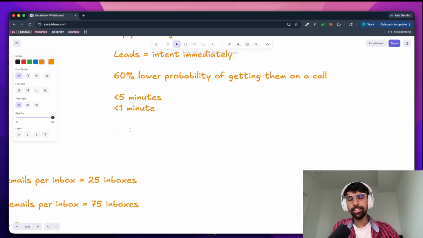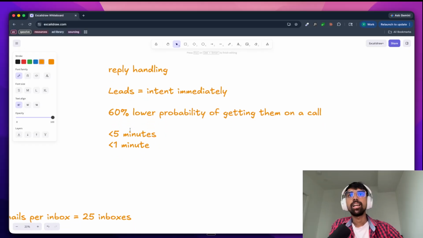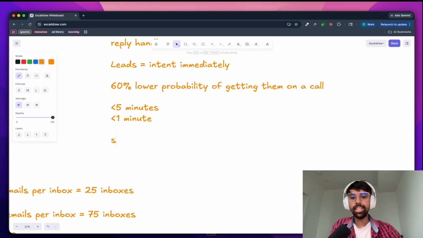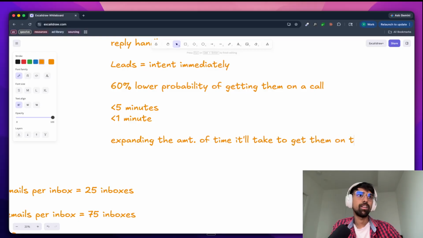So if you reply later, not only do you not capture intent immediately right then and there, you are actually expanding the amount of time it'll take to get them on the call. If they're interested and they want to discuss or they want more info, you provide more info immediately.